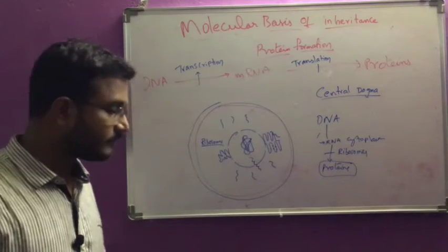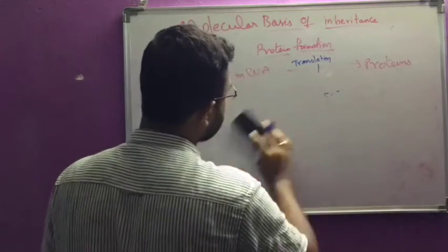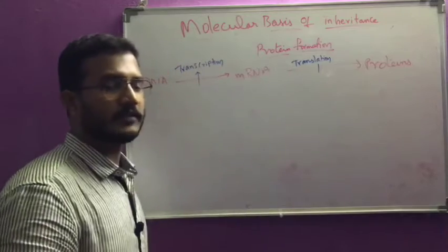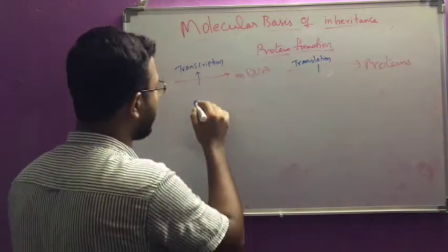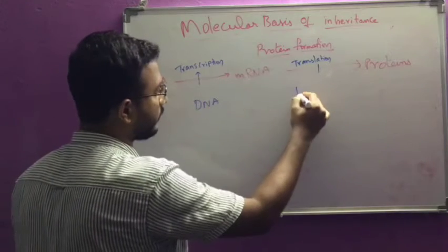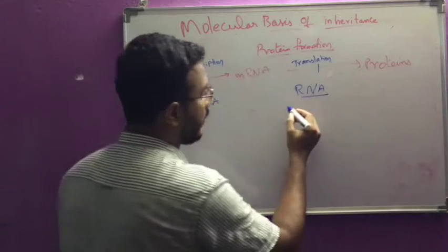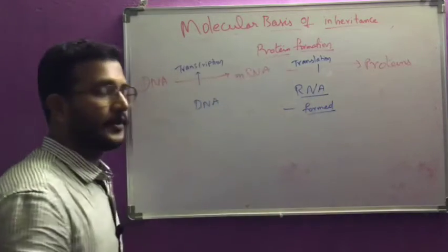Now, you can have a doubt. In nature, which molecule is formed first? During the process of evolution, which molecule is formed for the first time, either DNA or RNA? First of all, RNA was formed. RNA evolved for the first time during evolution.